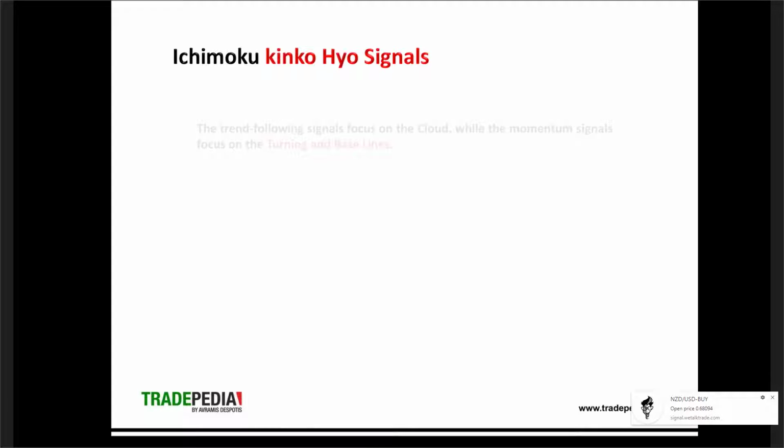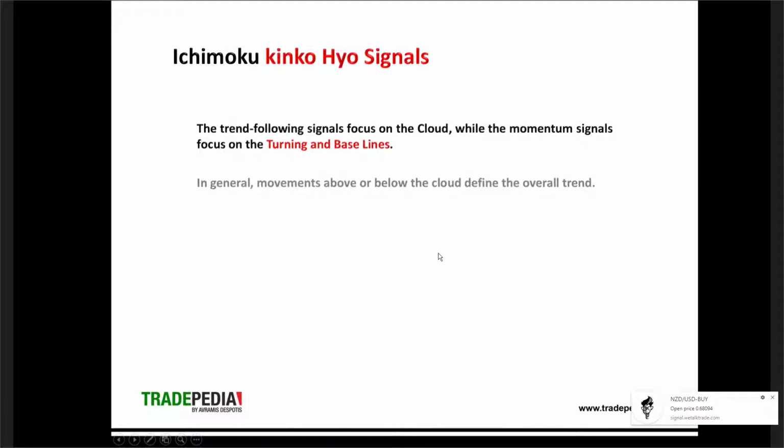Now look at this. The trend following signals focus on the cloud, while the momentum signals focus on the turning and the baselines, which is the Tenkan-sen and the Kijun-sen. So we're using the cloud to find the trend, and we're using the Tenkan-sen and the Kijun-sen to find the turning points in that trend. In general, movements above or below the cloud define the overall trend.